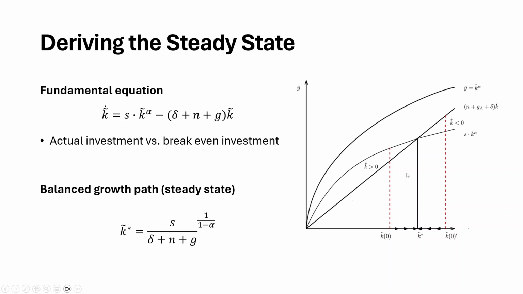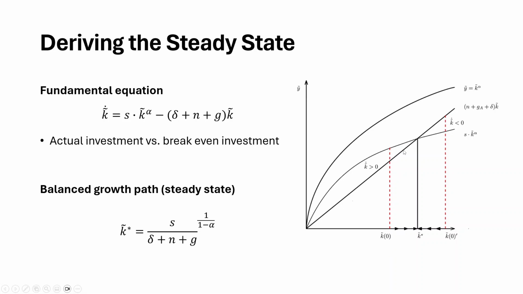If we start at any given capital level, let's say this k tilde 0 here, we can compare this savings curve to the break-even investment. We see that when the savings curve is greater than the break-even investment, this s k tilde to the alpha is going to be bigger than the break-even investment level, which means that capital stock tomorrow will be greater than it is today, so the capital stock grows over time.